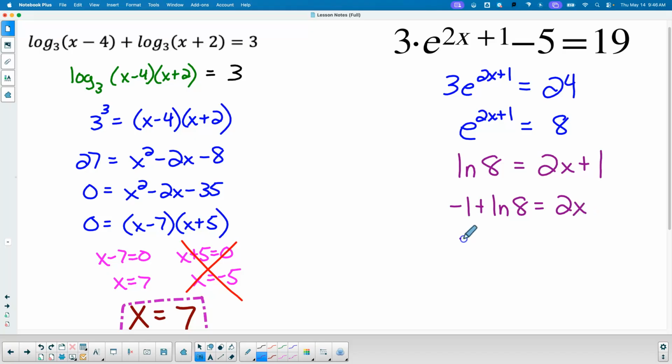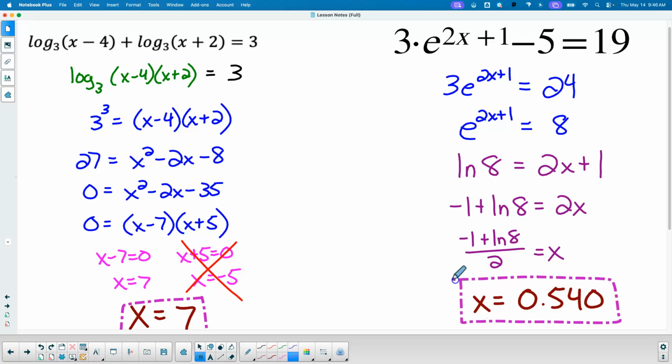Divide by 2. I get 0.540. Questions on either one of those two?